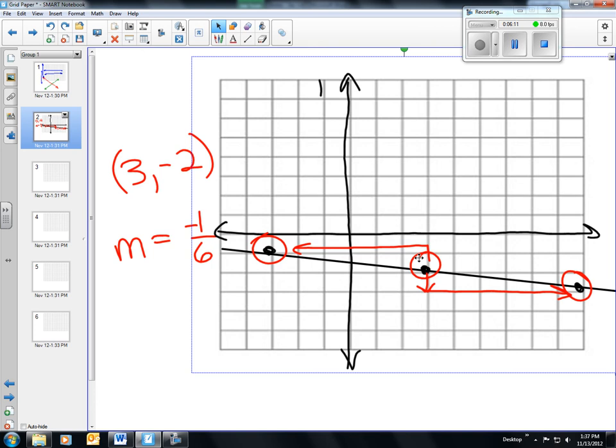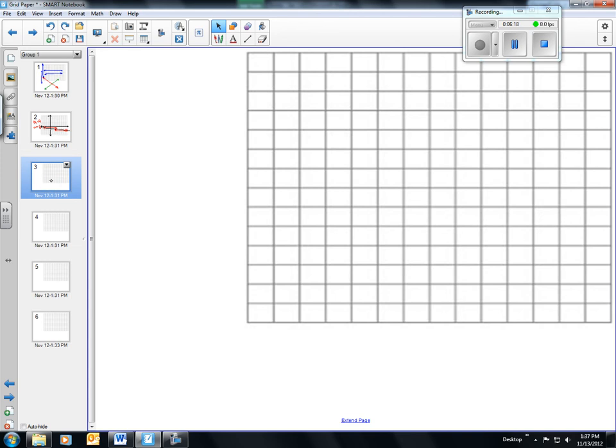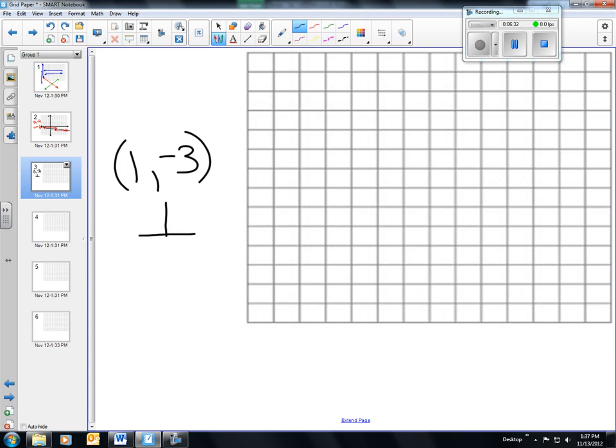Next, if we want to graph a line with the given description, so let's say I gave you a line that is passing through the point 1, negative 3, and let's say it is going to be perpendicular to the line that travels through the points, let's say 2, 5, and 4, 3.